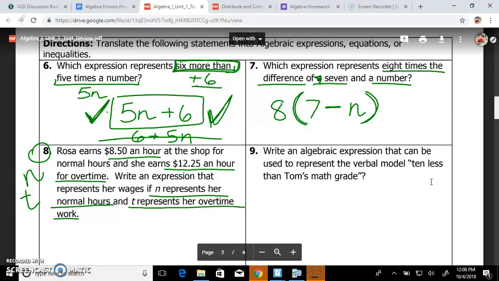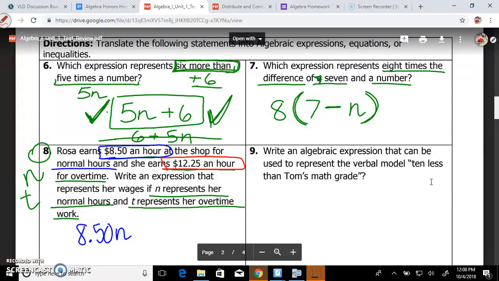Well, let's look at what they say about N. She gets $8.50 an hour for her normal hours. That means that she gets $8.50 for every normal hour she works. Then they have her overtime work.